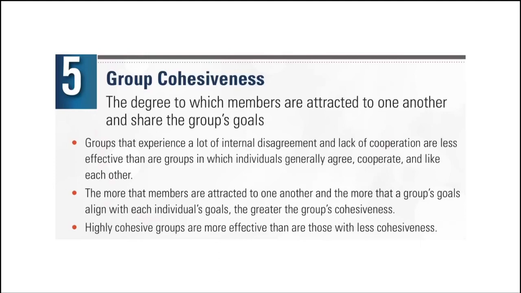Okay, groups that experience a lot of internal disagreement and lack of cooperation are less effective than groups in which individuals generally agree, cooperate and like each other. So here, if we don't like that person, and unfortunately things got worse, they are the people that we don't like, assigned with us.